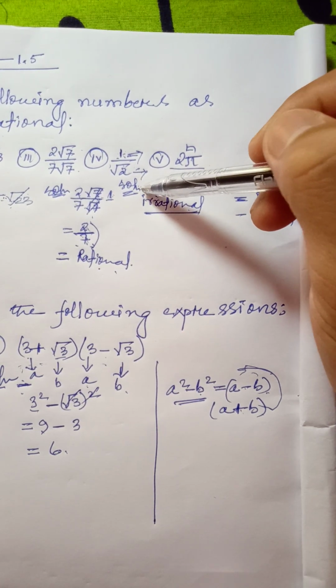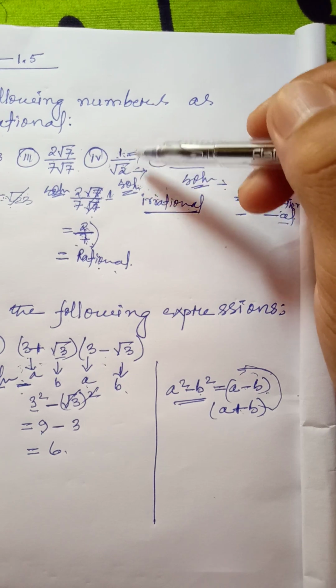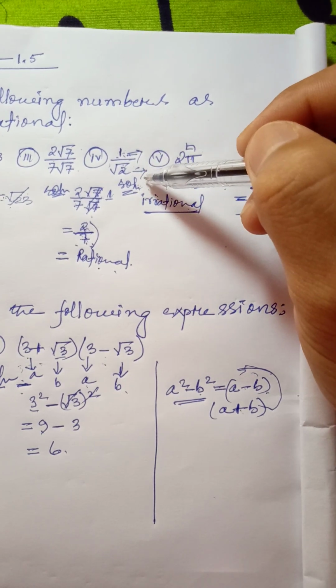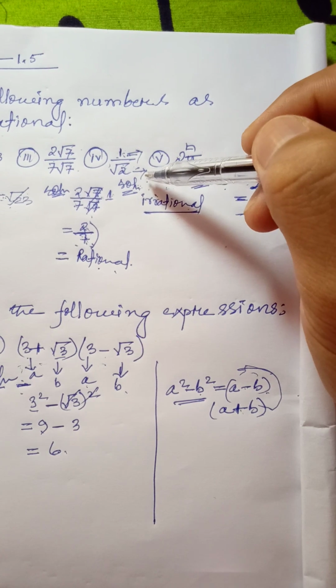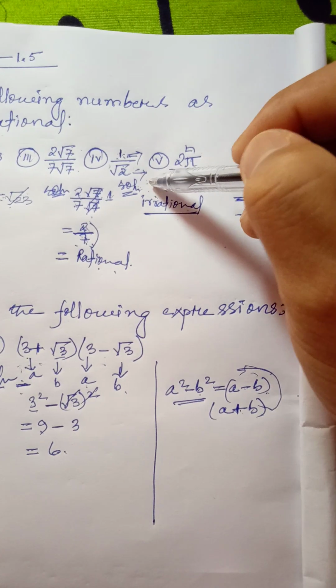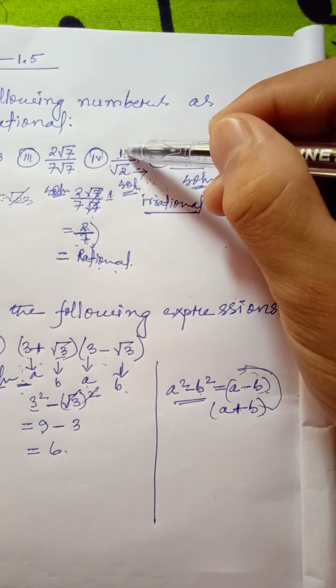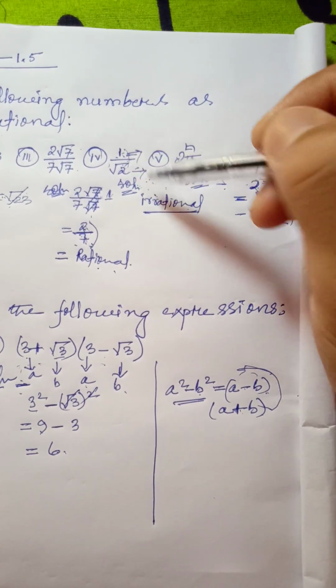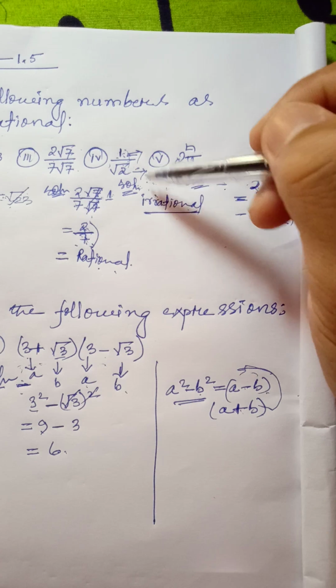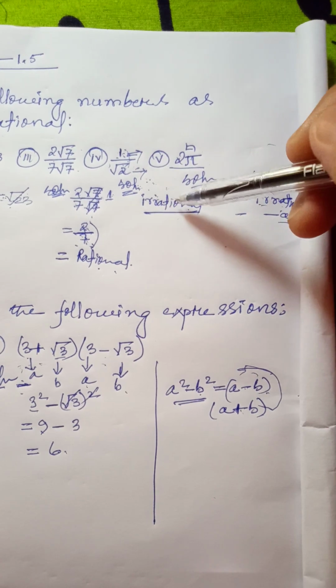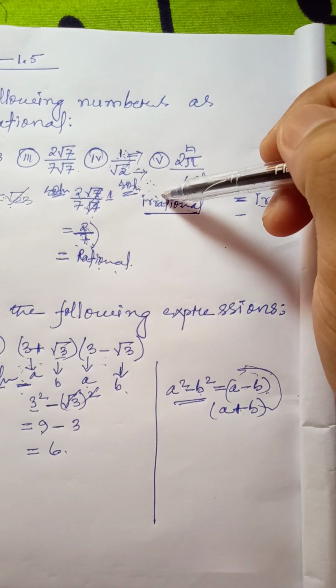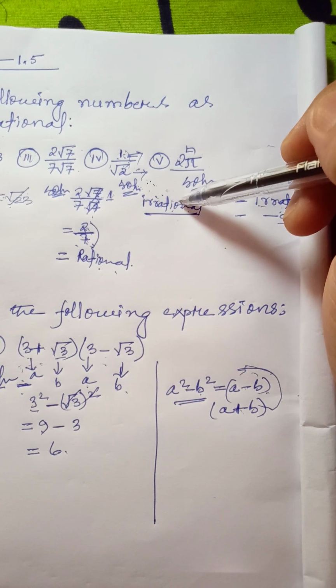It will not terminate, and the decimal expansion is non-recurring. So non-terminating, non-recurring decimal expansions come under the term irrational number.